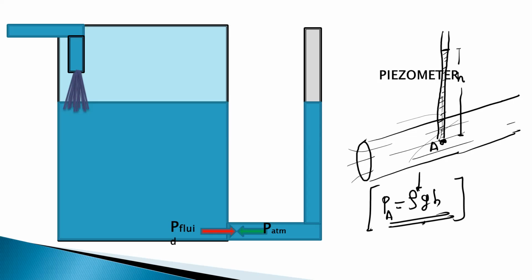Here we have to take the density of the liquid in the pipe, g is the gravity, and h is the height in the piezometer tube for that liquid. Here you can see that if the liquid level in the tank rises, you will get the same rise in the piezometer tube.